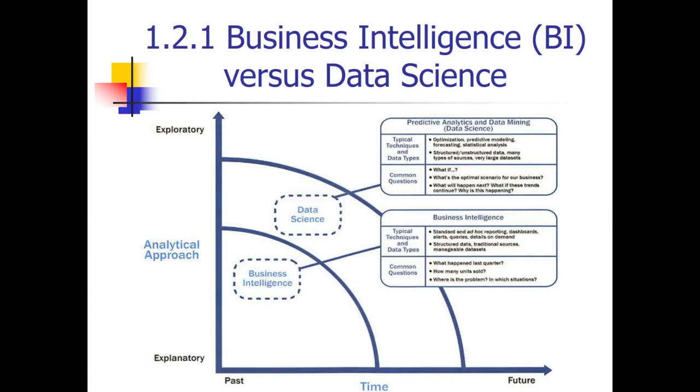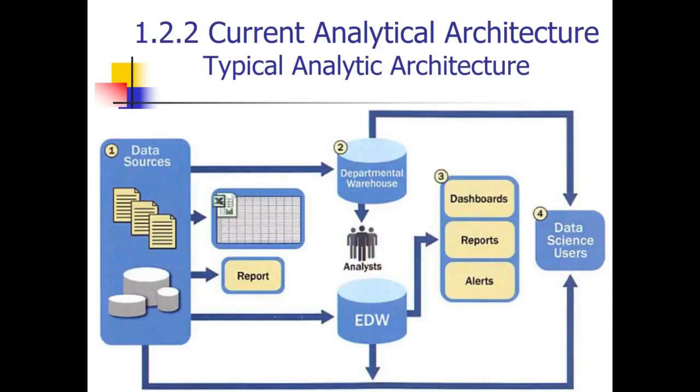Here structured data is used in business intelligence, so it is very easy to visualize. Common questions in business intelligence are: how many units are going to be allotted? How many are going to be added? These things come under business intelligence.